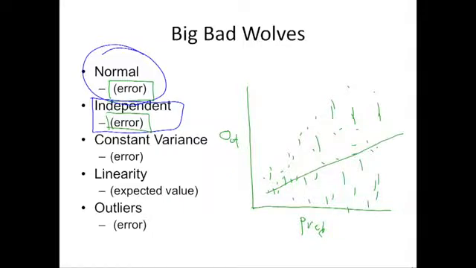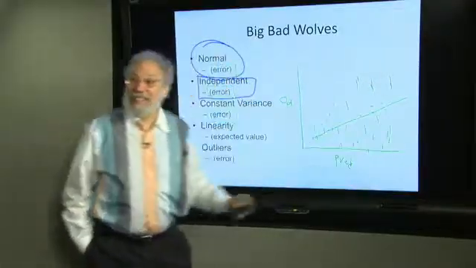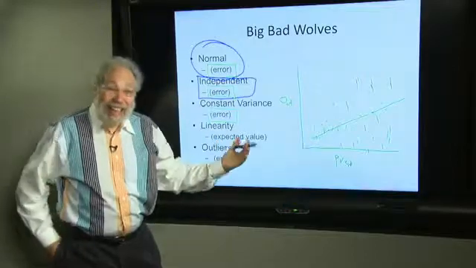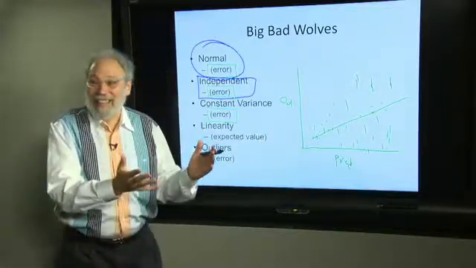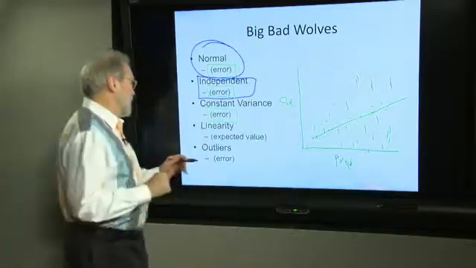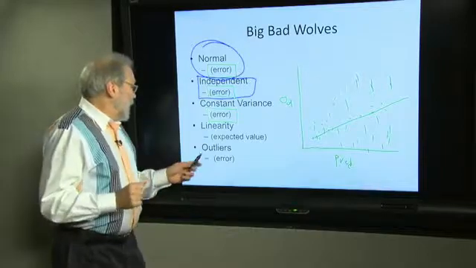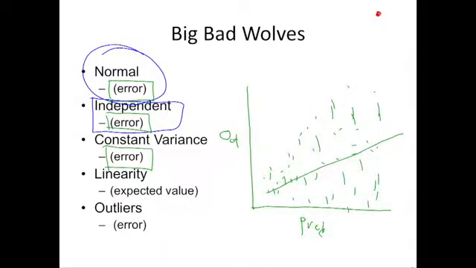Here's a line through the data, and the variation around the line, the variation of the error, not the data, keeps getting bigger and bigger. So that's not constant variance, and from this I hope you can figure out what constant variance is. That's another assumption. There's also outliers.